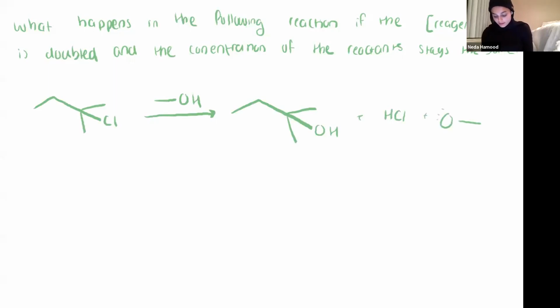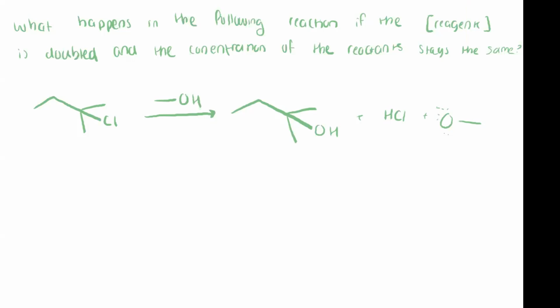Okay, so Ibrahim is saying that it's going to stay the same. Ibrahim, do you want to explain to us why it's staying the same? The answer is a similar question in the homework. Would it be because it's an SN1, and SN1 reactions don't have the reagent in the equation, just the substrate?